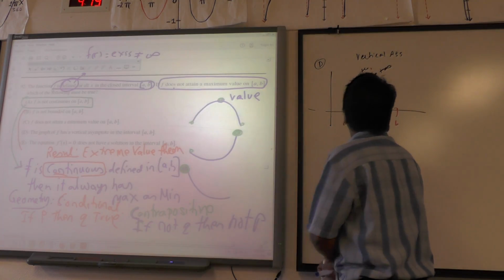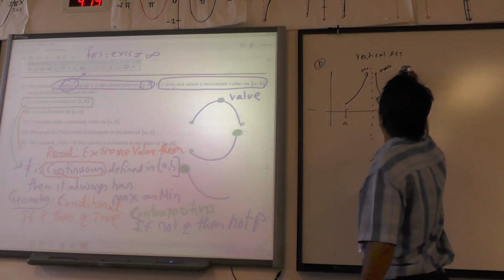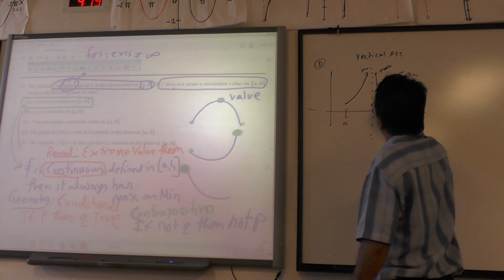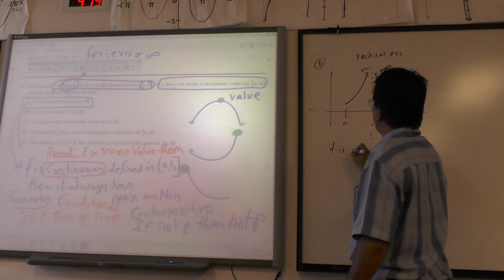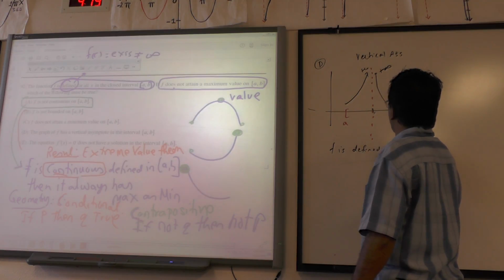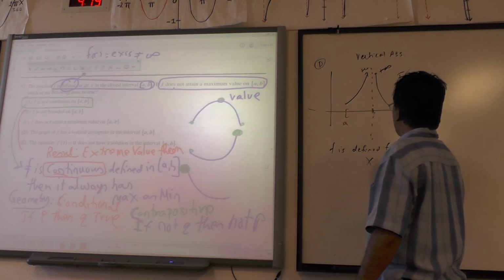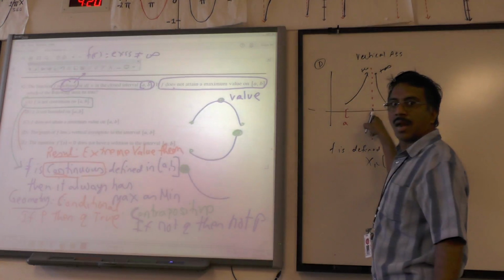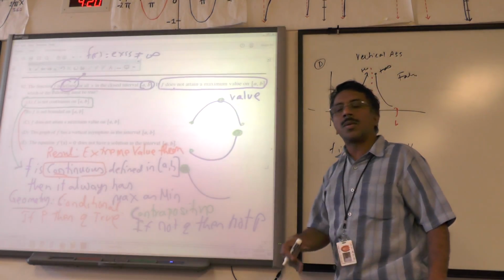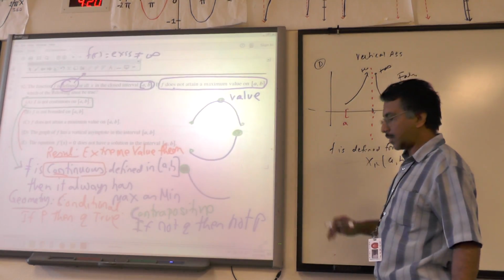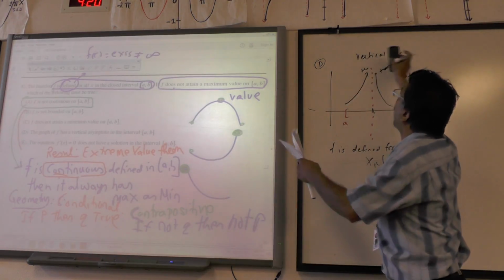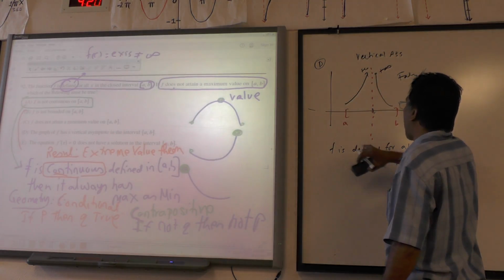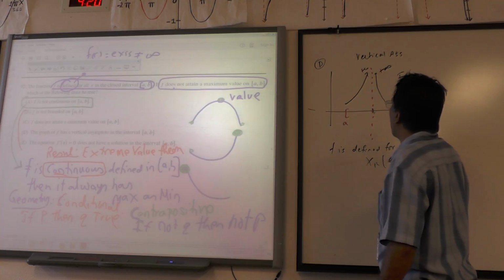How can you think of a vertical asymptote? This is false. You know why? Because it says F is defined for all x between A and B. So you cannot say there is something where it is undefined. So this is false, because you cannot have a vertical asymptote because F is defined for all x.